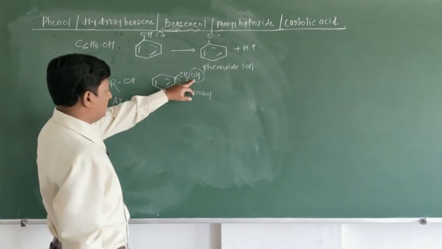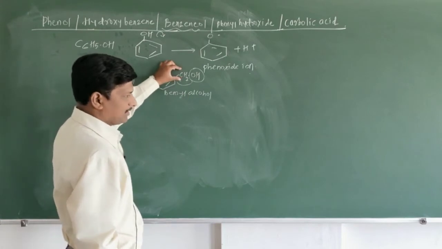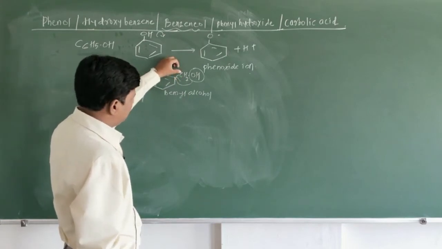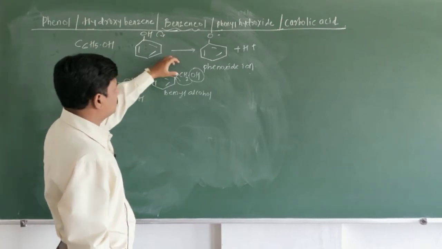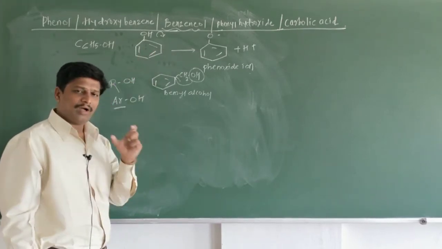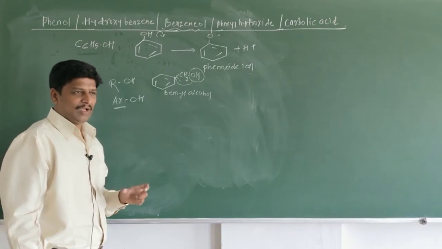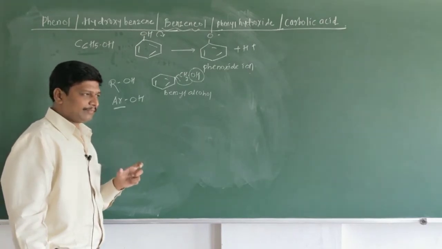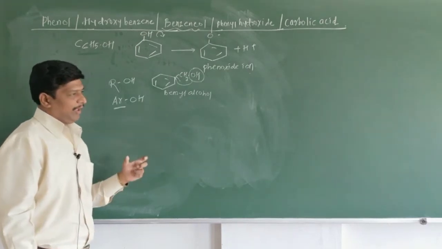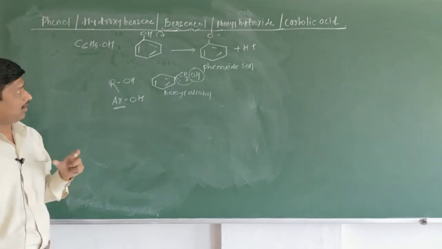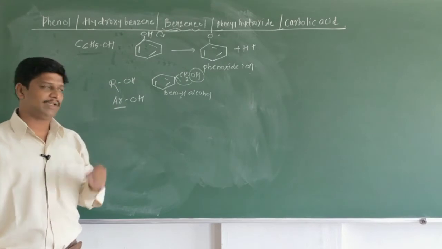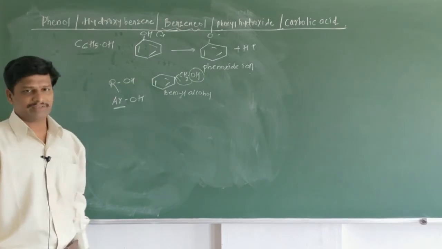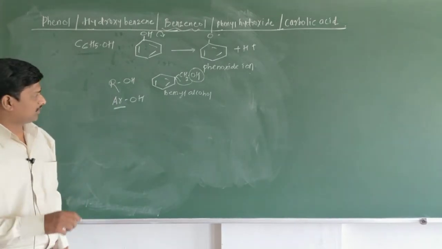The OH group is first attached to the CH2 group, and that CH2 is bonded to the benzene ring. So this is the difference between alcohols and phenols: in phenols, the OH group is directly attached to the benzene ring.